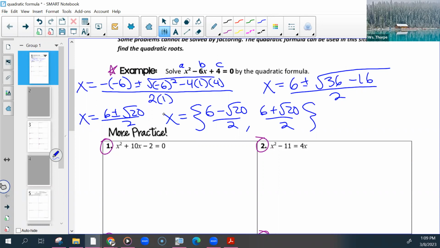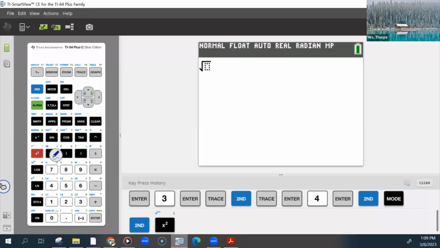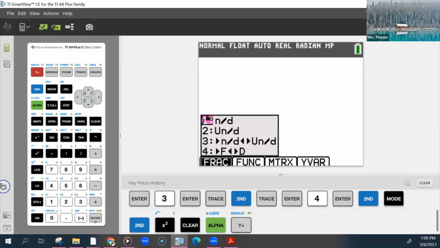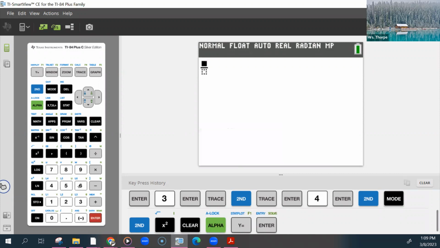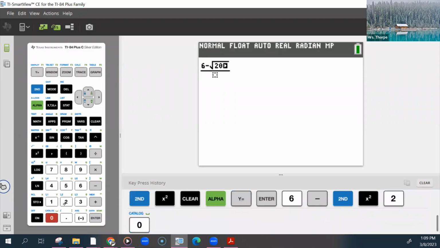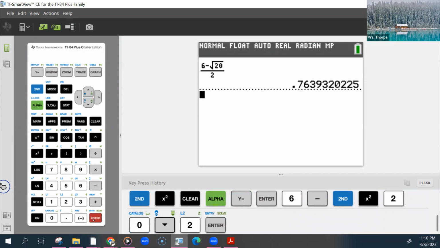If you wanted to write the decimals, you could also do that, and I'll show you how. You would take that entire thing and put it all in together. I'm gonna do it as a fraction, and type in 6 minus the square root of 20 all over 2. You'll get some set of decimals.